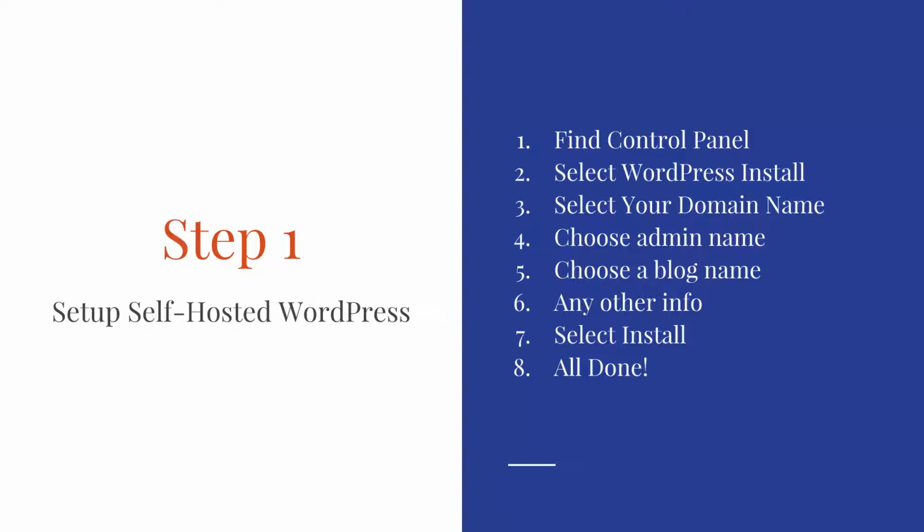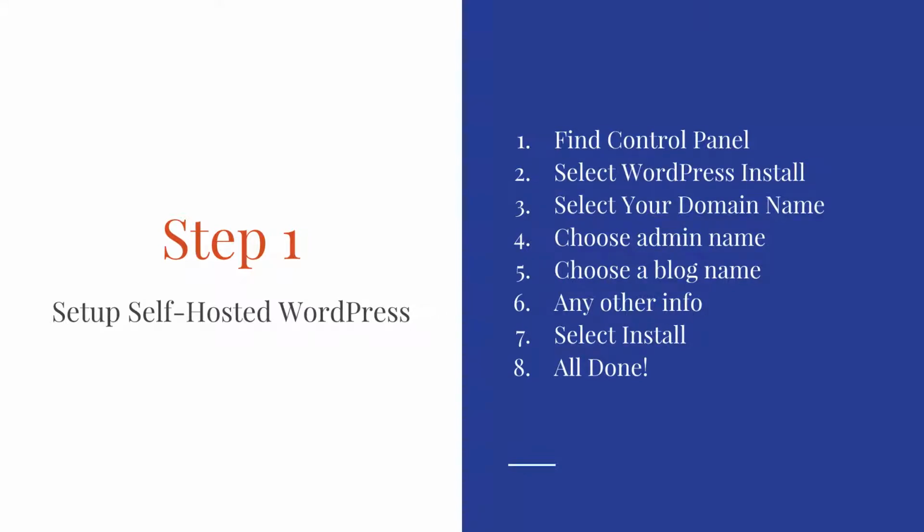A couple other things you'll need: you want to choose an admin name. You don't want to use admin as your admin name. You want to choose something that's unique and special. Of course, you want to choose a blog name, or in this case, it could be your website name, for example yourname.com.